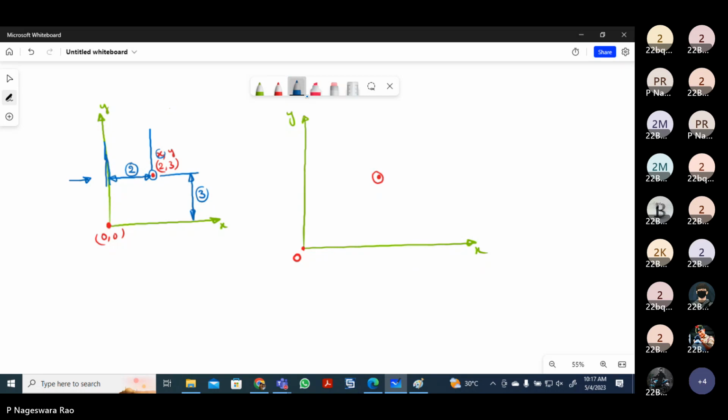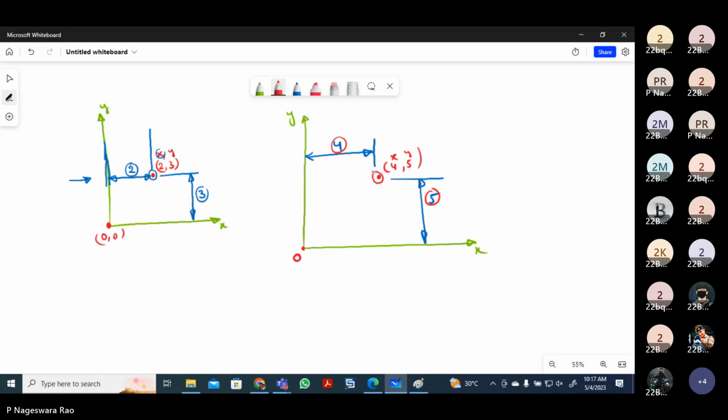Assume the distances are given like this: this distance is let us say 4, and this distance is let us say 5 mm or 5 units. Then we can say this 4 is the x coordinate, and this 5 is the y coordinate.